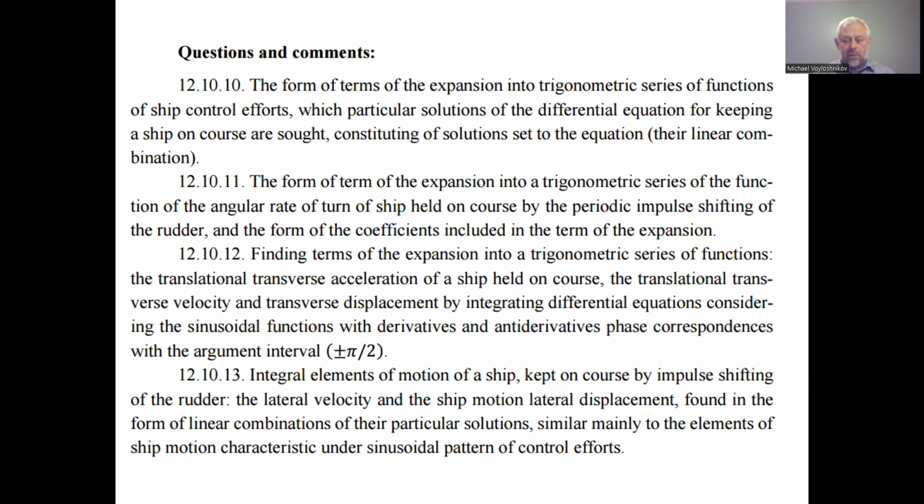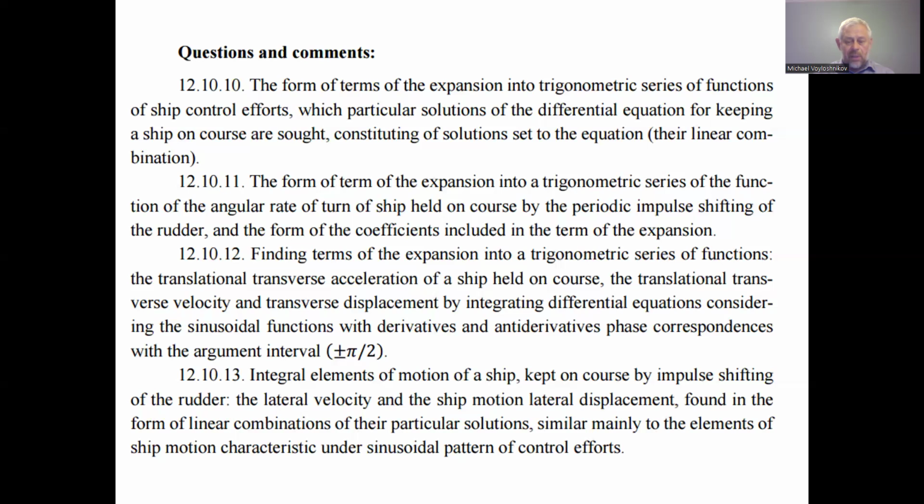But in the previous one, 12.9, we had a sine function for the control action, the rudder turn. In this one, article 12.10, we have an impulse, with breaks in the function, the impulse nature of the periodic function of the rudder turn.